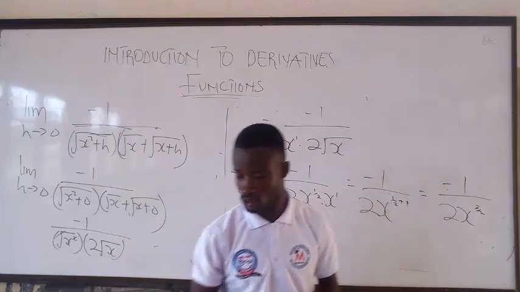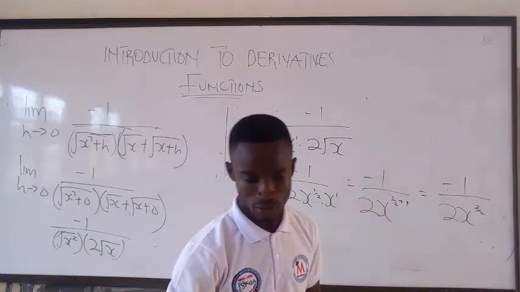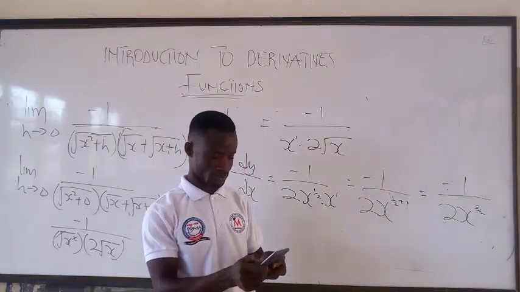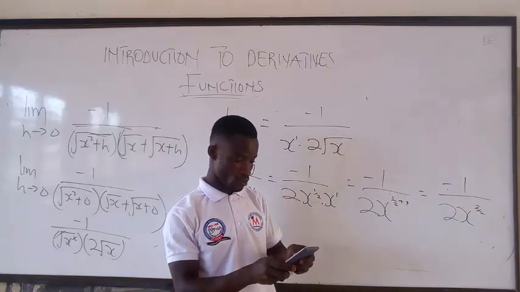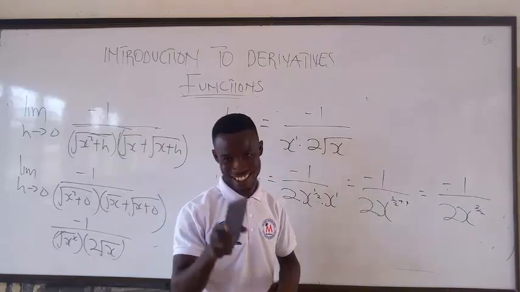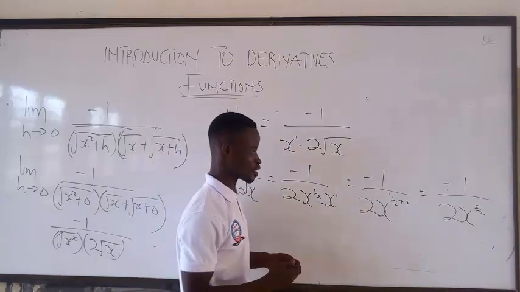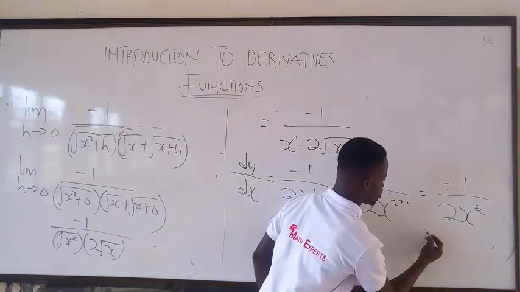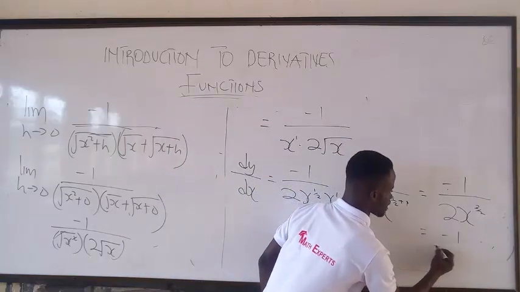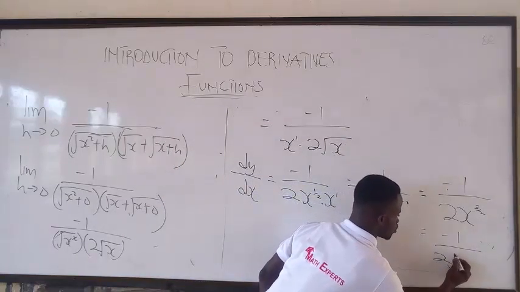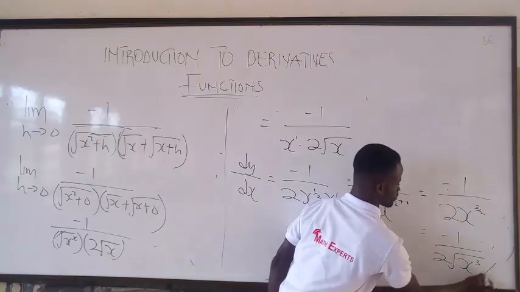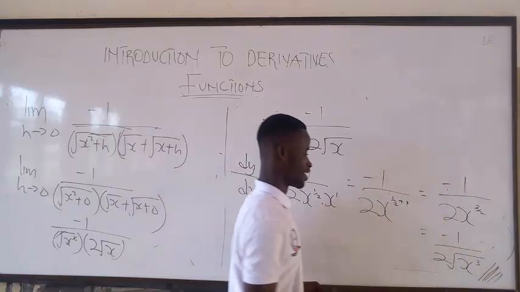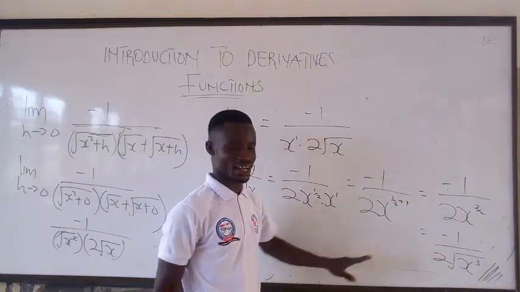Oh, I don't normally believe myself. Let me check my calculator. Alright, so 1 plus 1 over 2. Yeah, it's 3 over 2. I don't believe myself. That's mathematics. But we can write this as 2 square root of x to the power 3. Alright, so that becomes the final answer.